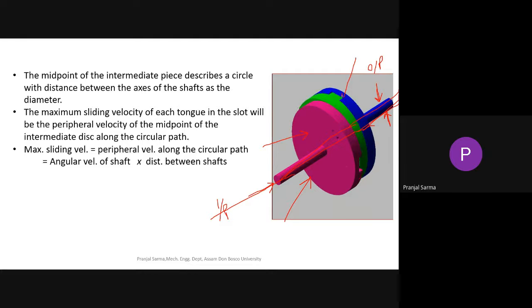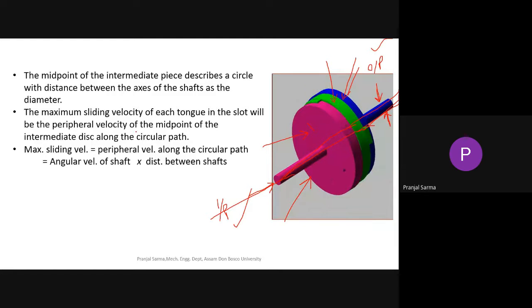This portion is another flange which is rigidly connected to both the input and output shafts, and this green portion is the intermediate. You can see while rotating, this portion has a diametrical slot cut here as well as here, and this green portion has some projections. They are closely fitting on the slots, and during the course of action they also slide, and thus they allow the motion to transfer from the input shaft to the output shaft.